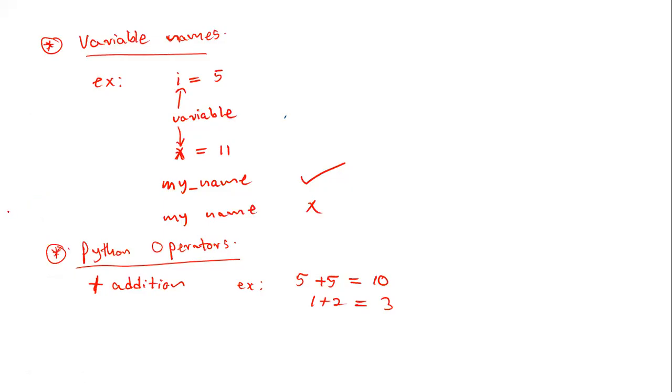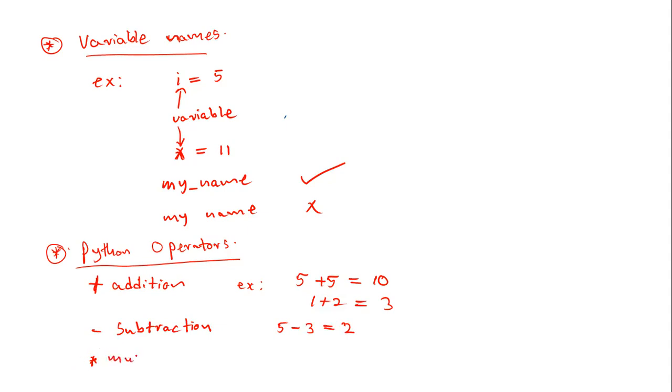The other operators are subtraction, let's say 5 minus 3 is equal to 2. Then multiplication is done by the symbol star.